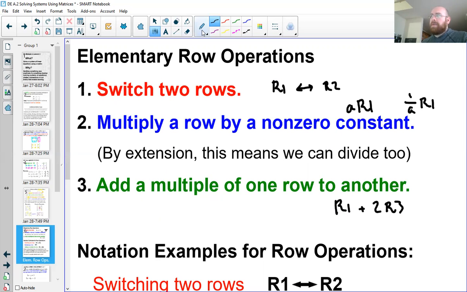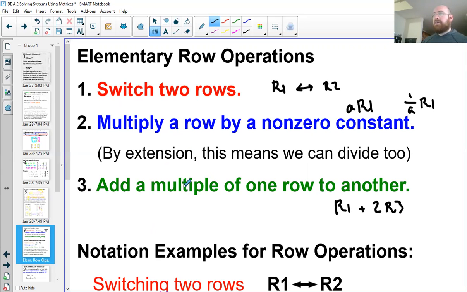The reason we call them elementary row operations is because if you take enough classes in linear algebra, you'll find more things that you can do with the rows, more operations that are not elementary. We are not going to ever get to those in this course. You might even need to go as far as a graduate level math class to see those other operations.